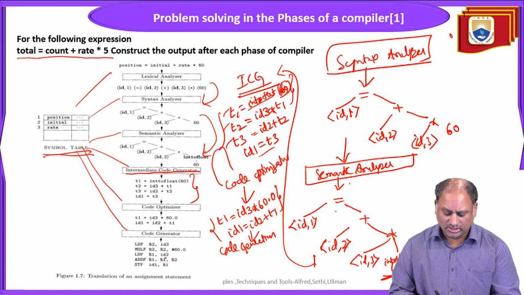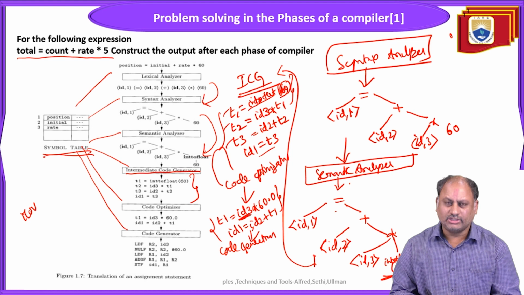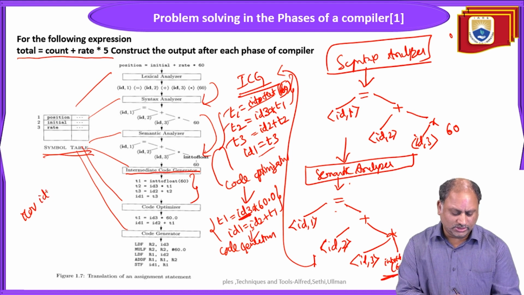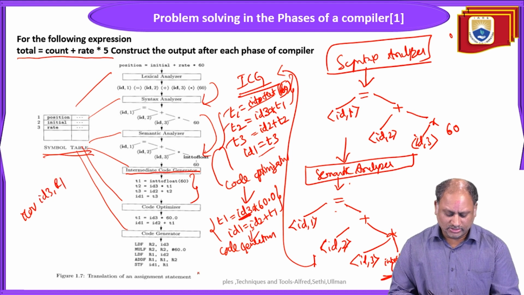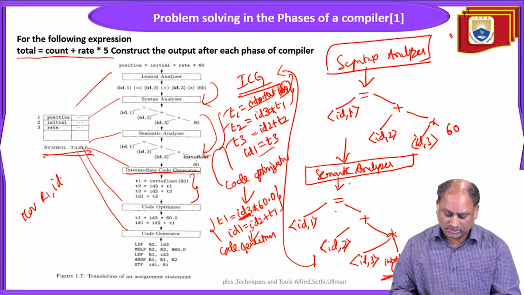It uses several instructions. Here we require identifier 3, so we use a notation: move identifier 3, which is to be stored in one register, say R1, a register with identifier 3.